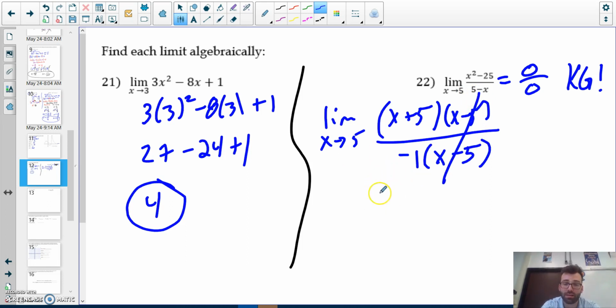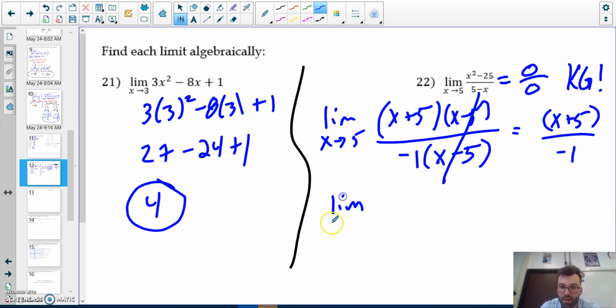Now technically that negative 1 is in the denominator, but remember, x plus 5 all over negative 1 is the same as negative 1 times x plus 5. Then just plug in my x. I get 5 plus 5, which is 10, times negative 1 gives me negative 10.